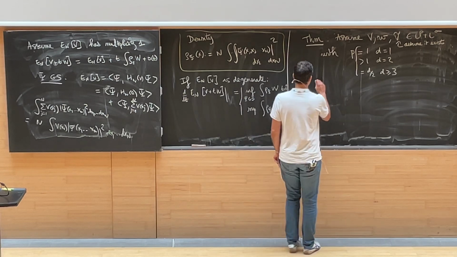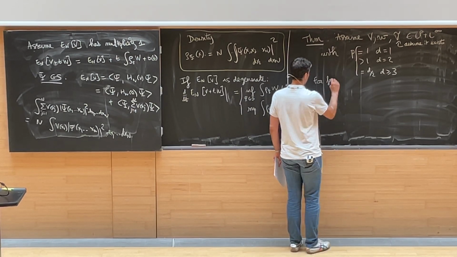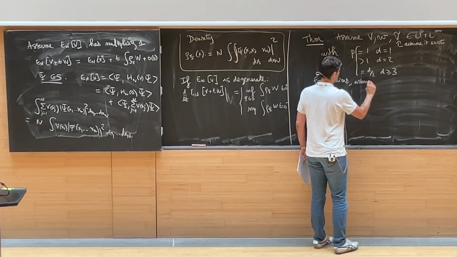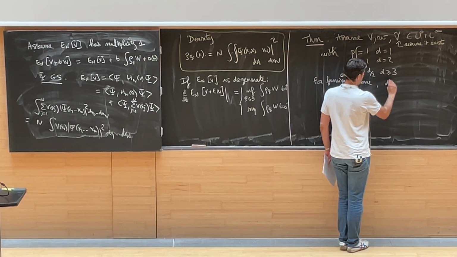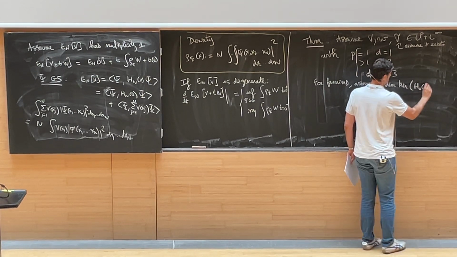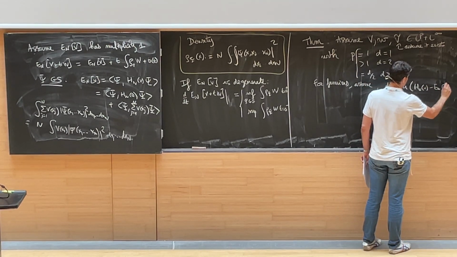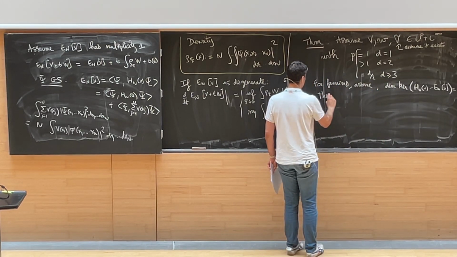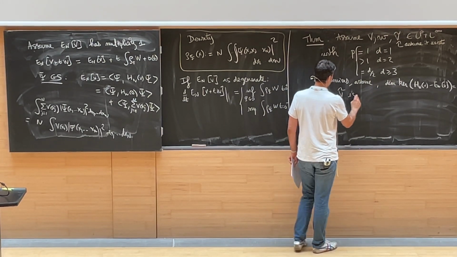And let me, for fermions, assume that it's non-degenerate. Then V theta is unique.